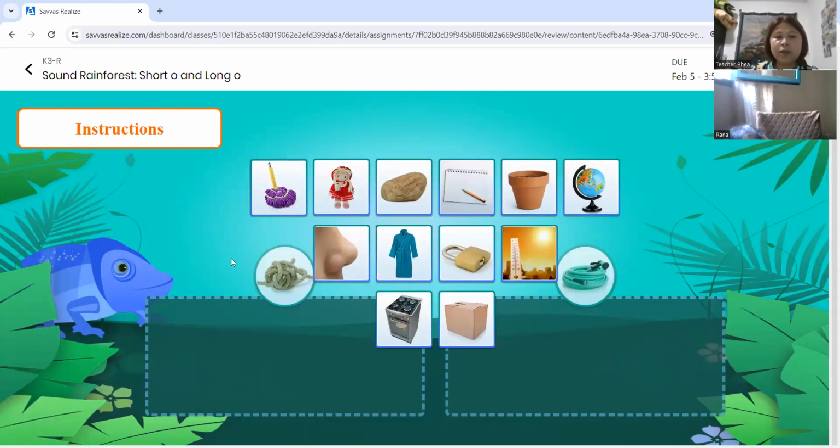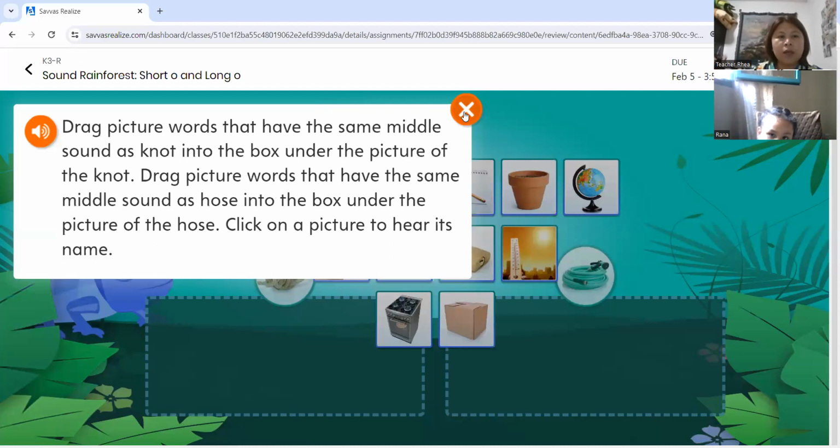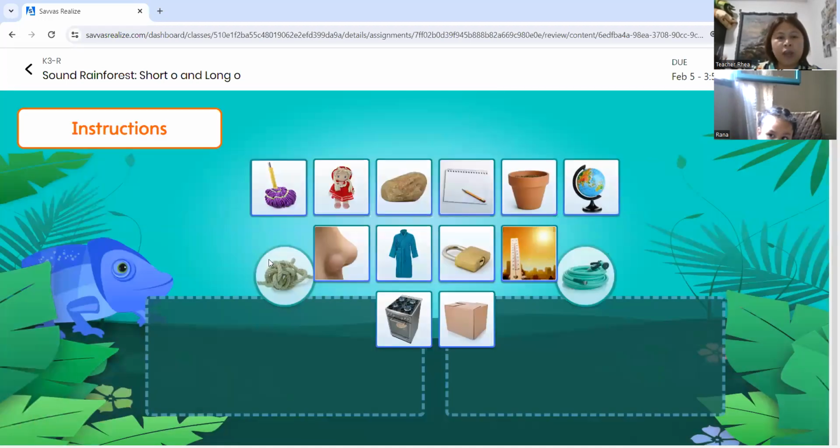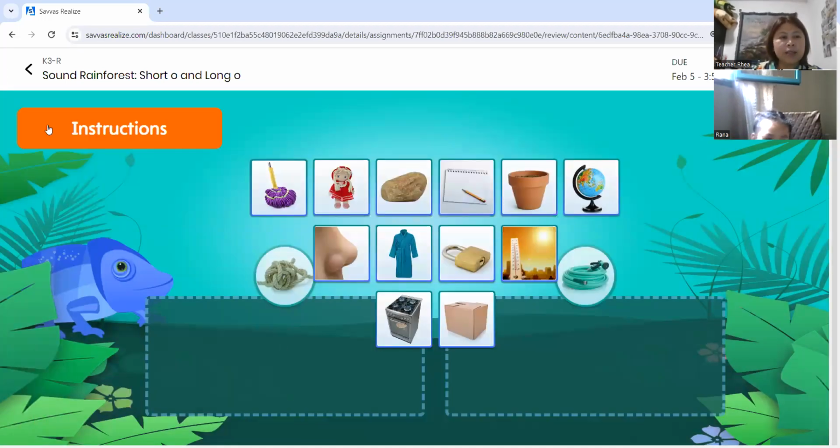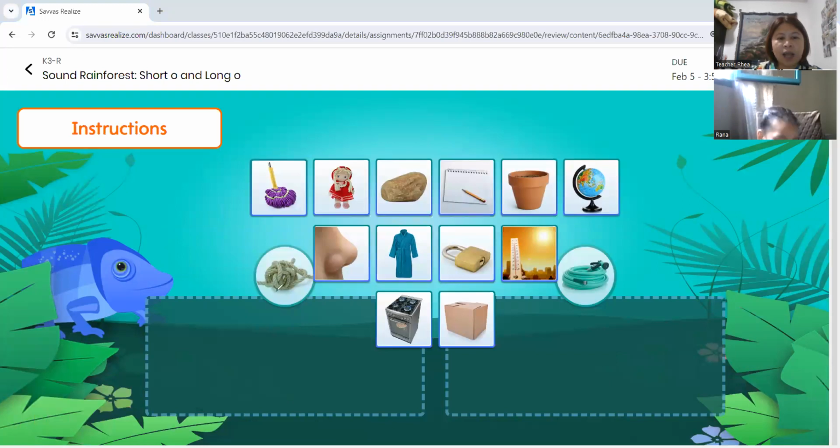So we have here, okay, not. So this is a knot, K-N-O-T, and a hose.